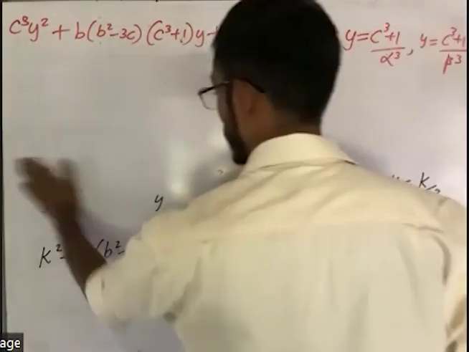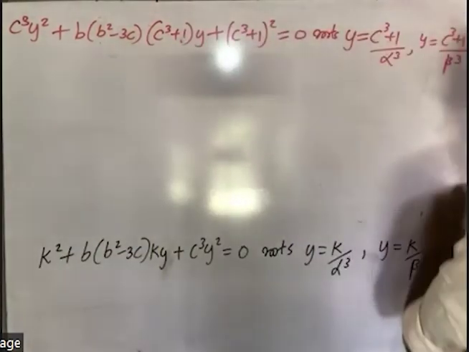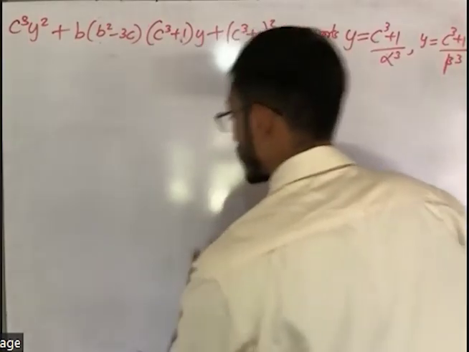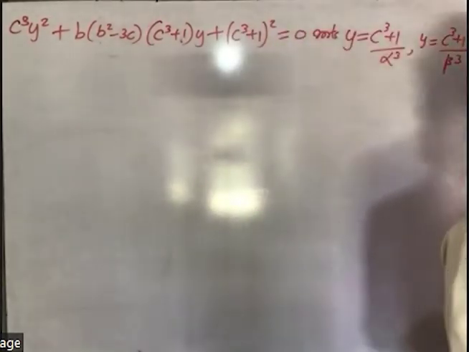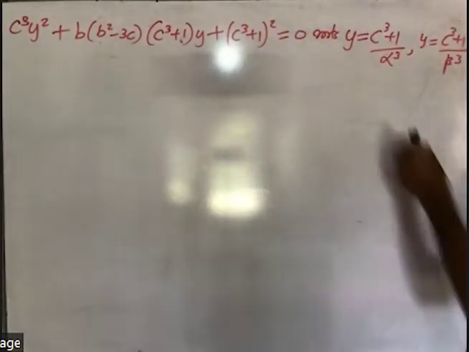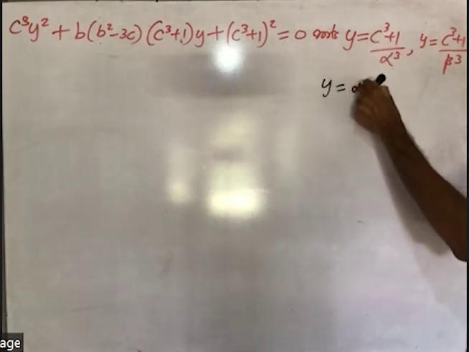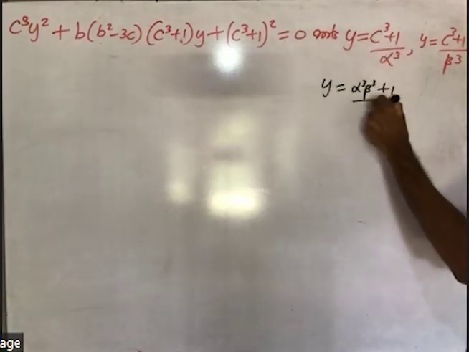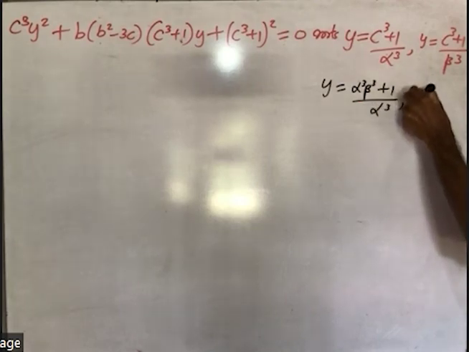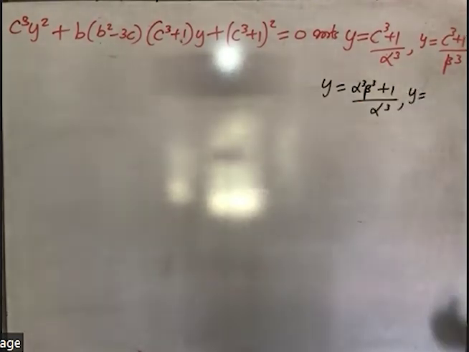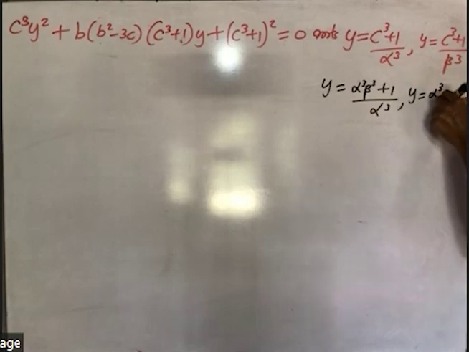Right. Now we know that here y equal to c to the power 3 means alpha to the power 3 beta to the power 3 plus 1 over alpha to the power 3. Here also y equal to c to the power 3 means we know that alpha to the power 3 beta to the power 3 plus 1 over beta to the power 3.